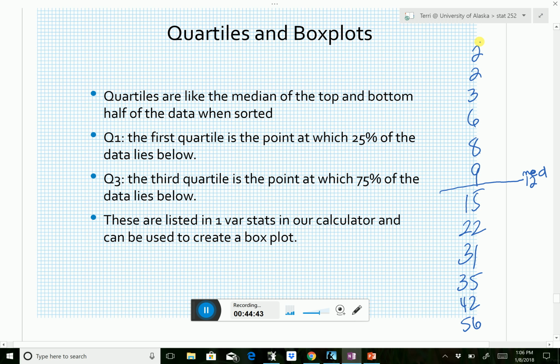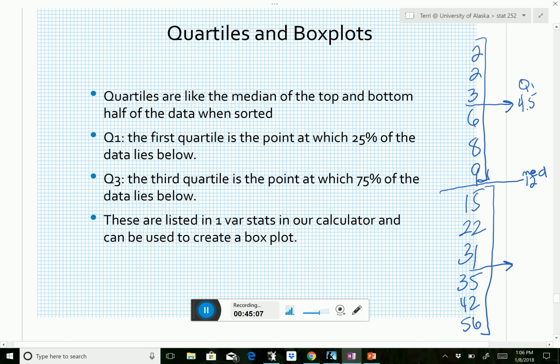So my first quartile is going to be the median of this half of the data. So it's going to be the average of 3 and 6. That's 9, so 4.5. Okay. And then my third quartile is the median of this part of my data. So 31 and 35.